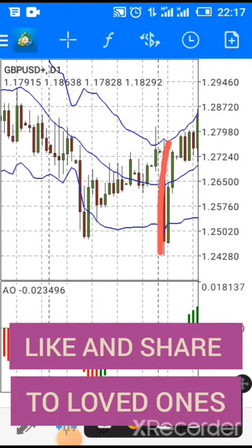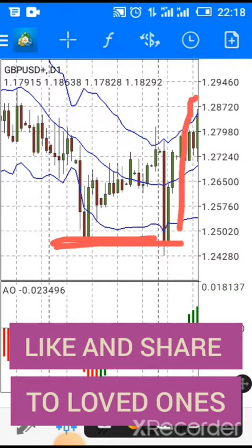But as soon as it got to this demand zone here, what happened? There was a retracement. And the market moved up all the way from here, giving us very good returns on our investment.